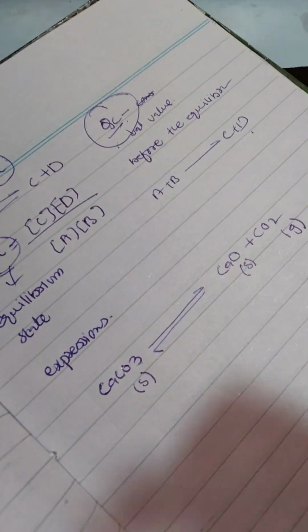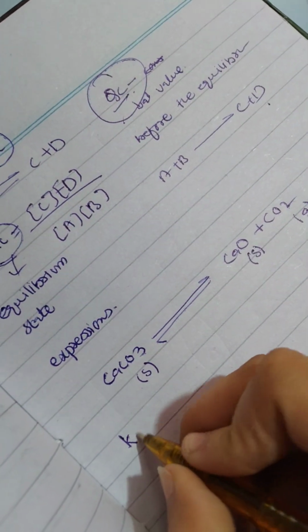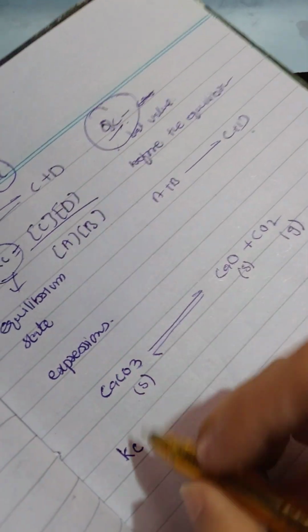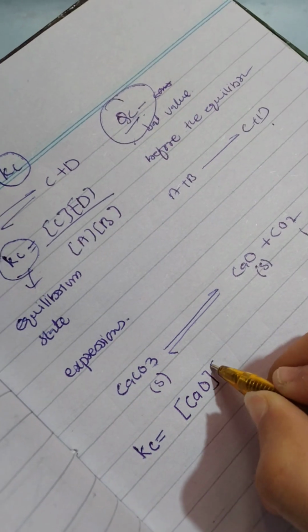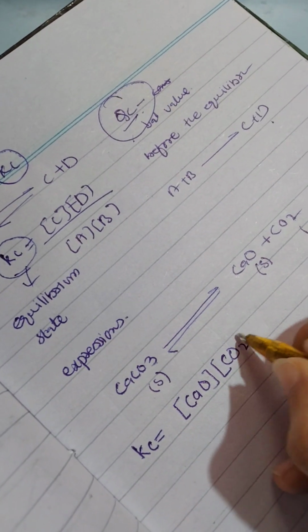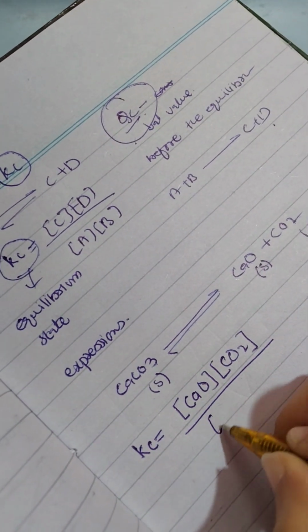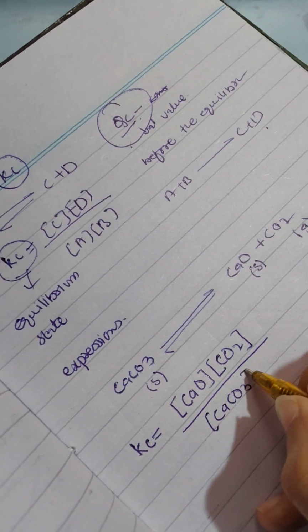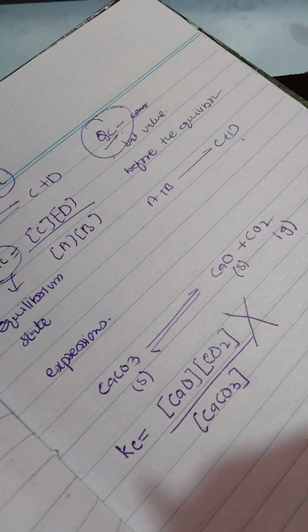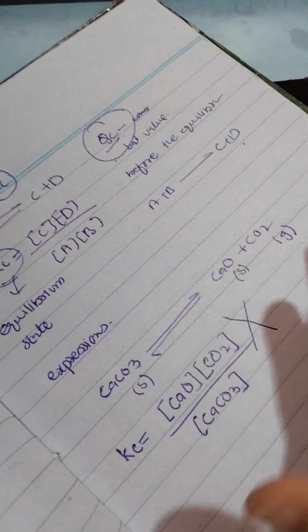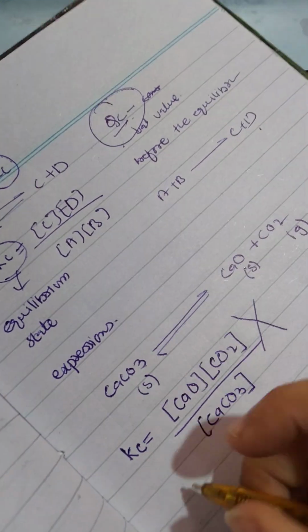So now let's find out what the Kc will be. What you are thinking right now is that Kc is equal to calcium oxide times active mass of carbon dioxide over active mass of calcium carbonate. If you are thinking this, then you are definitely wrong.